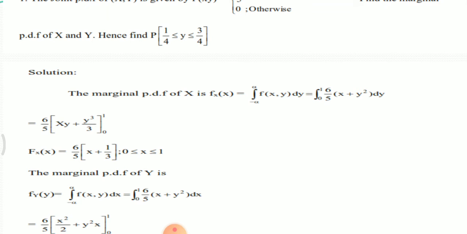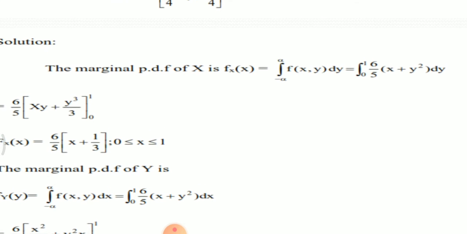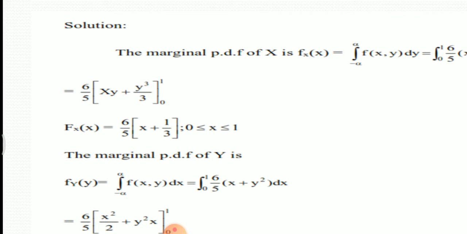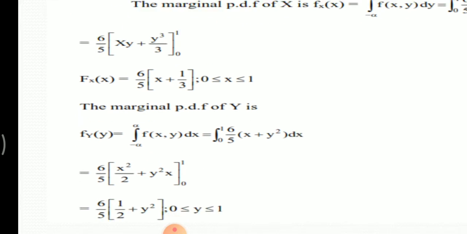Don't forget. So using that formula, we substitute the function f(x,y) and integrate with respect to y, keeping x as a constant, and substitute the limits after the integration, in place of the y variable. So we get the answer 6/5 (x + 1/3), where x lies between 0 to 1.